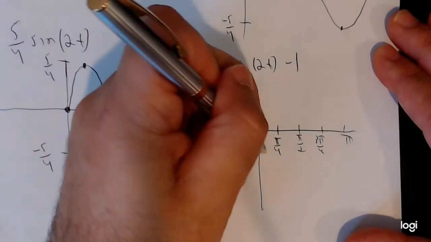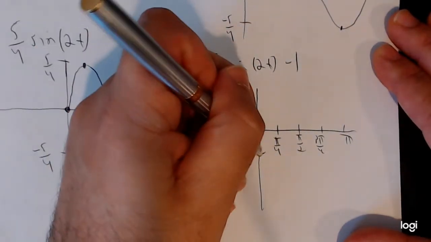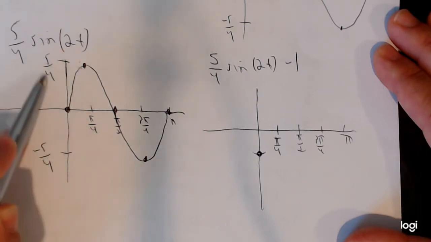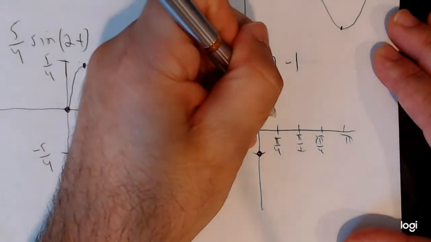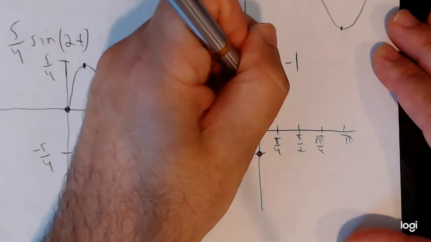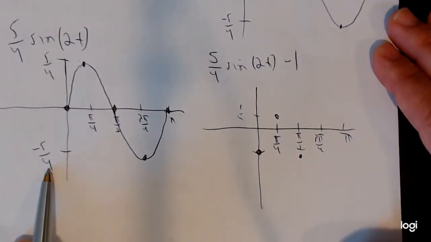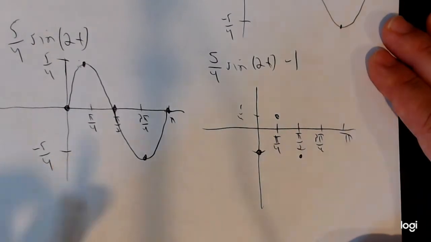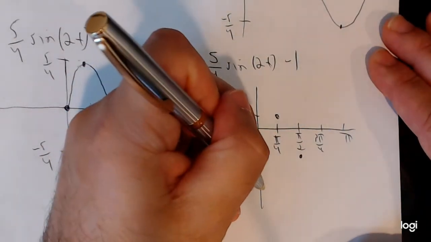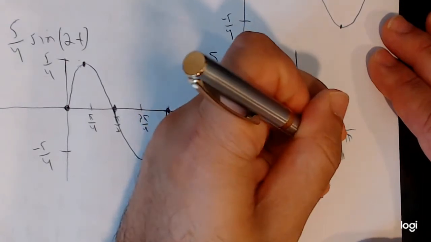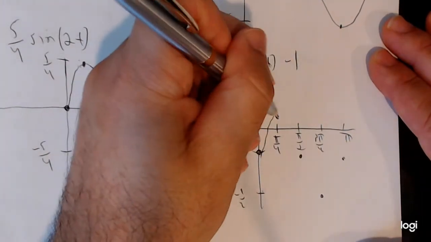So at 0, it'll be negative 1. At pi over 4, instead of 5 over 4, now it'll be 1/4. At pi over 2, it'll be negative 1. At 3 pi over 4, instead of negative 5/4, it'll be negative 9/4. And then at pi, it'll be 0.